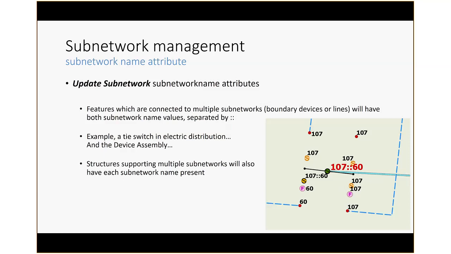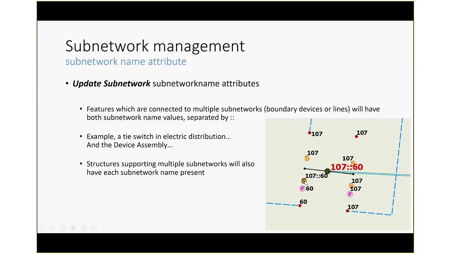If I had identified that line feature, remember I showed you, it showed you Tom's name in the subnetwork name field. Now, there are cases where we have features like the tie switches that separate multiple subnetworks. So here's an example zoomed into a tie switch in the switch gear. The tie switch is the yellow switch in that picture, where it has a subnetwork name 107 separated by the double colons and the 60.